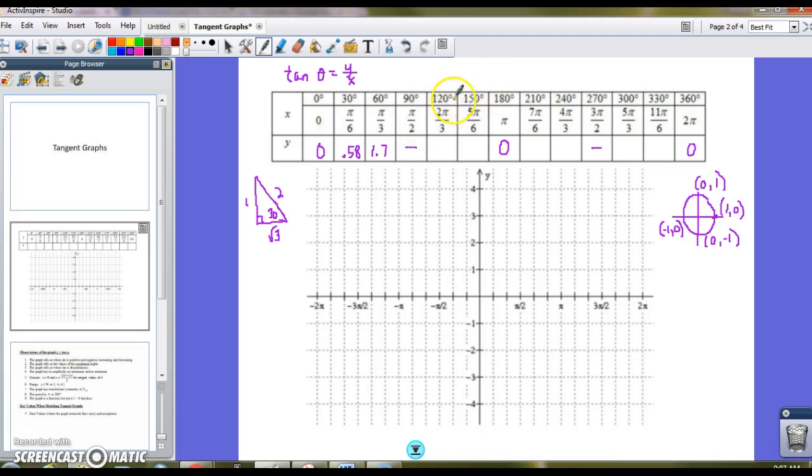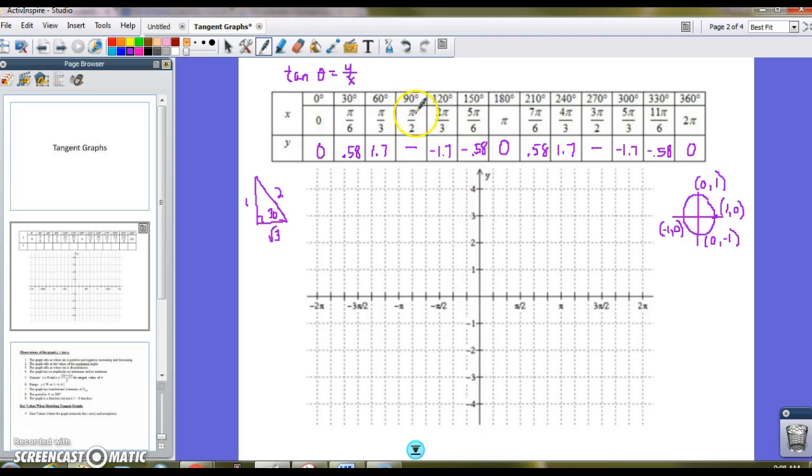When we move into the second quadrant, tangent is negative. So this would be negative 1.7. This would be negative 0.58. When I'm in the third quadrant, tangent is positive. And when I get into the fourth quadrant, tangent is once again negative. Okay, so those are the values.